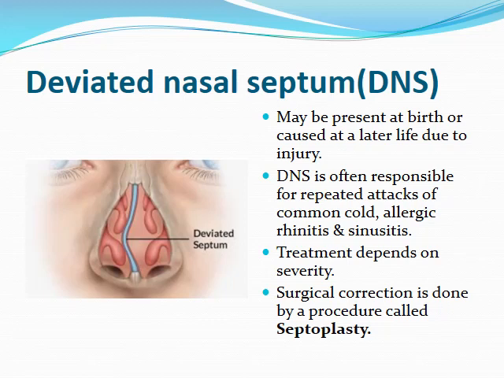DNS is often responsible for repeated attacks of common cold, allergic rhinitis, and sinusitis. The treatment of DNS depends on the severity of the deviation, and very often surgical correction needs to be done by a procedure called septoplasty.